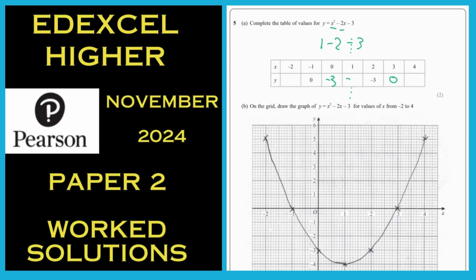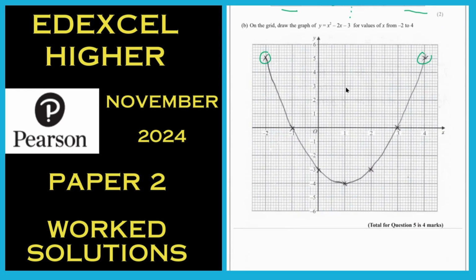We end up at minus 4. And we don't need to sub in the negative 2 because the answer down here and the answer up here will be the same. So just do it for 4. 4 squared minus 2 4s minus 3 means a 5 goes in there, a 5 goes in there.